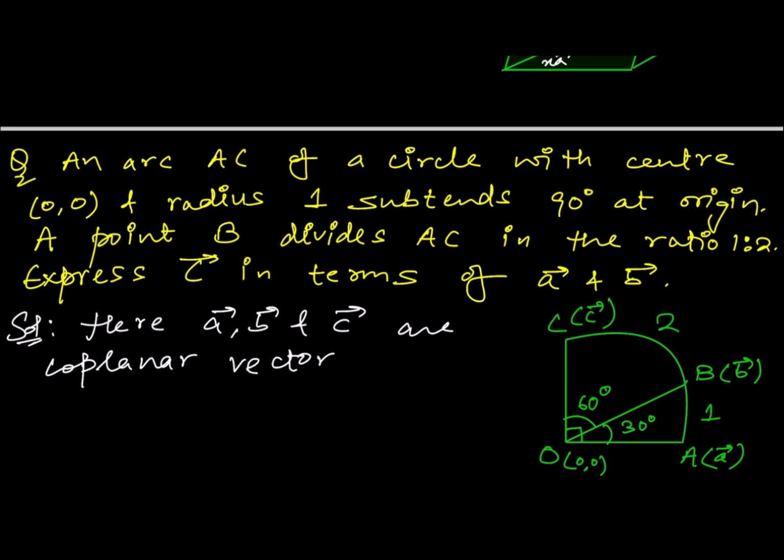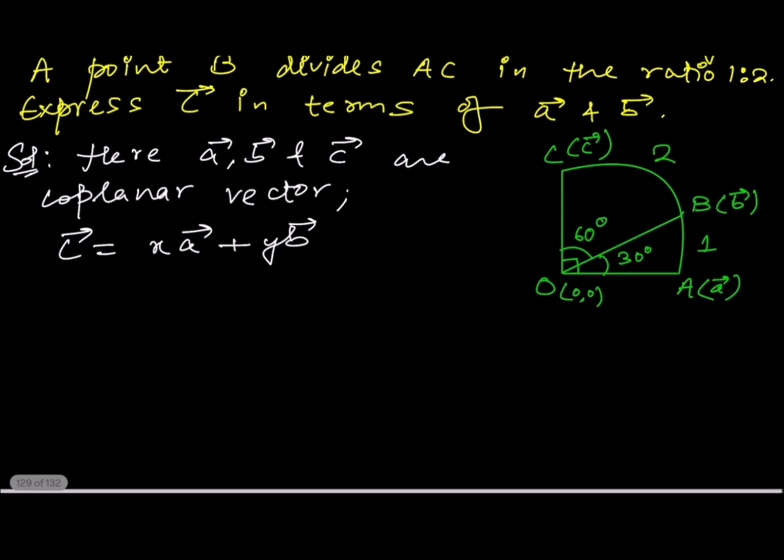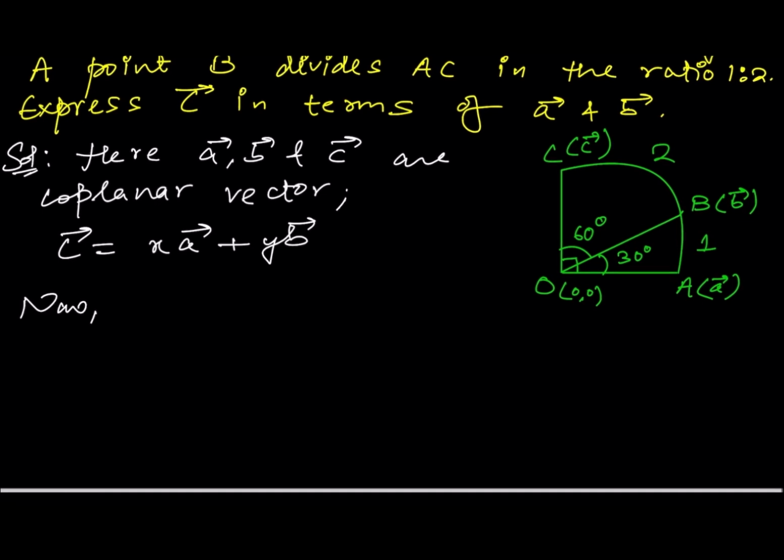So any vector can be represented as a linear combination of other two. So C vector can be written as XA vector plus YB vector, right? Now we have to determine X and Y to determine vector C completely.